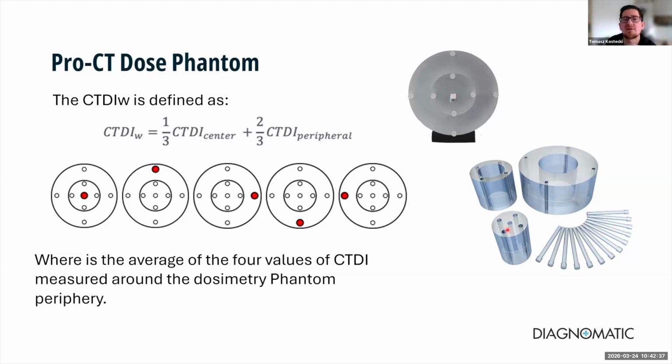We also have a three-piece variant. This one is a 10 centimeter piece, which simulates a pediatric head. Insert an ionization chamber into the center or peripheral holes. Record those measurements and calculate using this equation. The peripheral value should be the average of the 4 measurements.